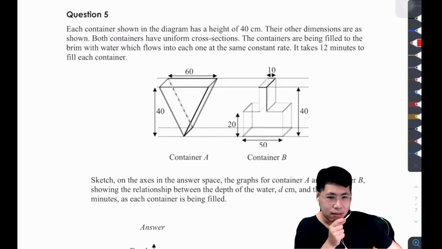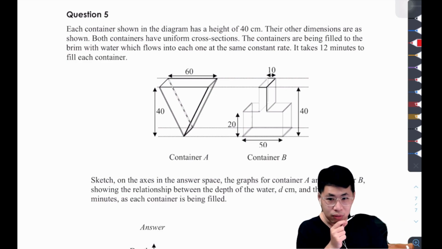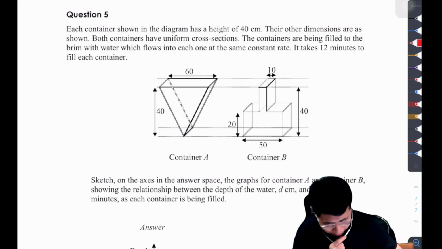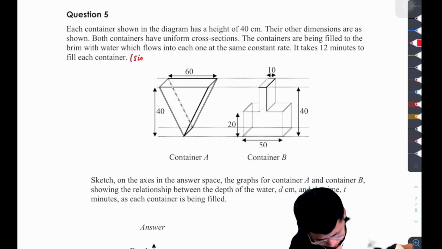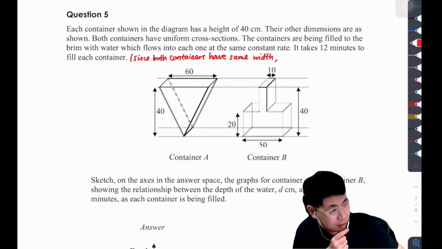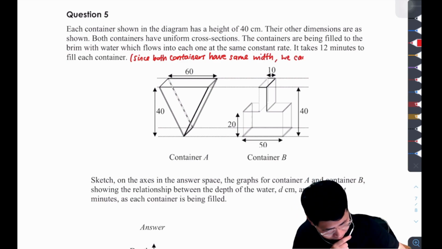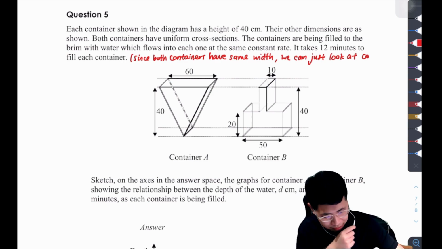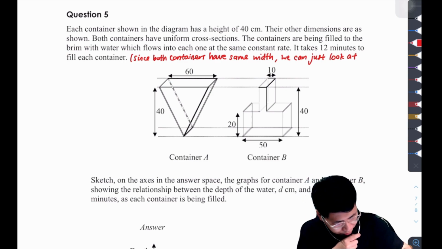Now for this one over here, because we don't have information of the width, we can actually assume something. So since both of these containers have the same width, we can just look at the frontal area.